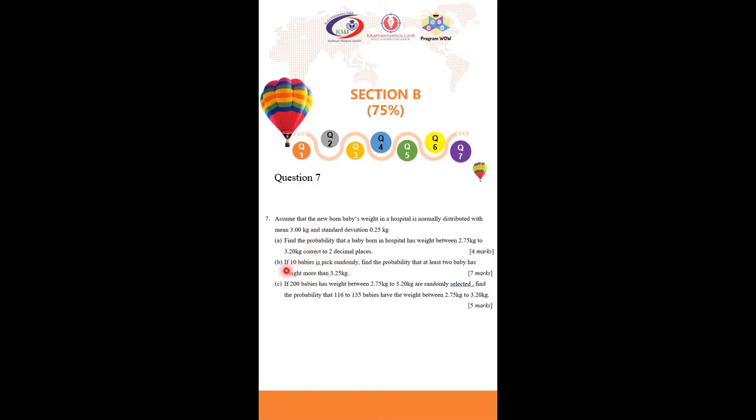Later we will check the solution for how to solve question B. And then for question C, 200 babies. The given numbers are greater, so in this case, you have to use normal approximation for part C.